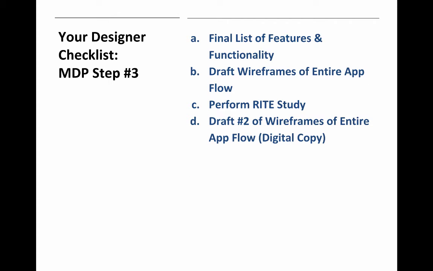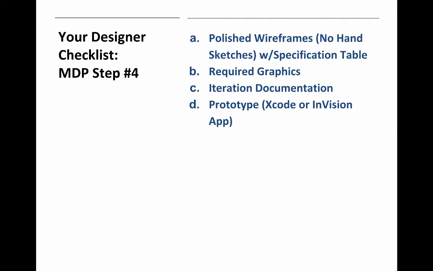In project number 3, you will focus on drafting your second set of wireframes after performing a write study, and you will take your draft wireframes from a hand-sketched version to a digital version using your own design tools or with introduced wireframing applications. During step number 4, you have worked with your client, reviewed every deliverable you submitted for steps 1, 2, and 3.